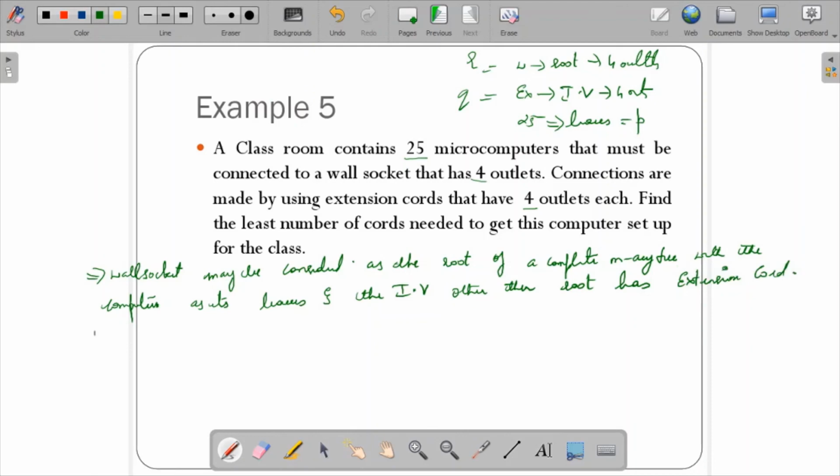Hence we know that M is equal to 4 because it is an M-array tree, and the leaves are given by 25, so P is equal to 25.